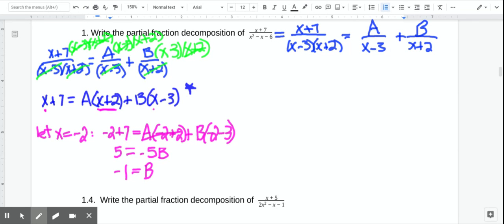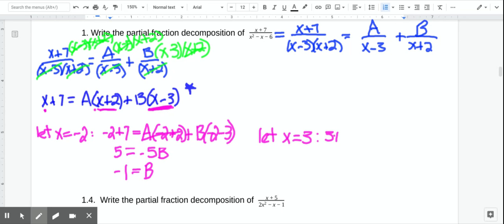Now, we're going to go back to the start equation, and I'm going to pick something else that'll be easy to plug in. So this time I'm going to let x equal 3 because that's going to make this term go away. So if I let x equal 3, I'm going to plug in 3 for all of these x's.